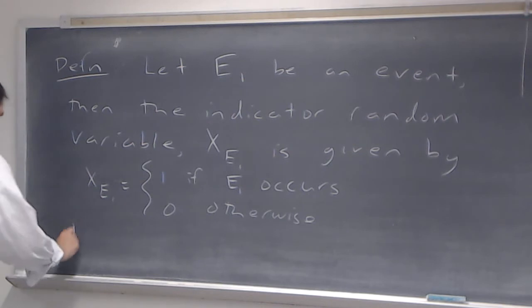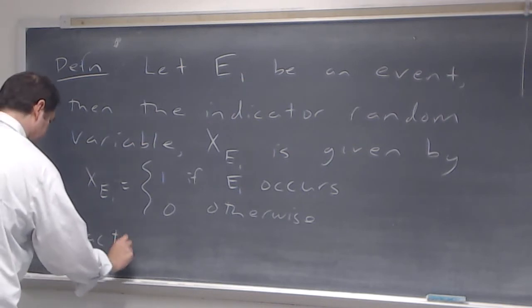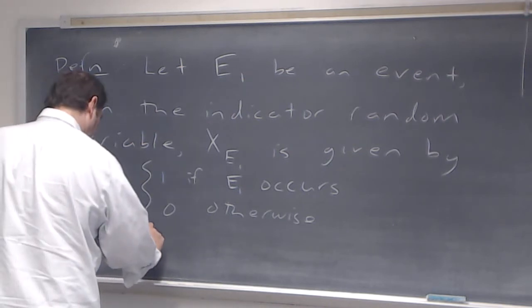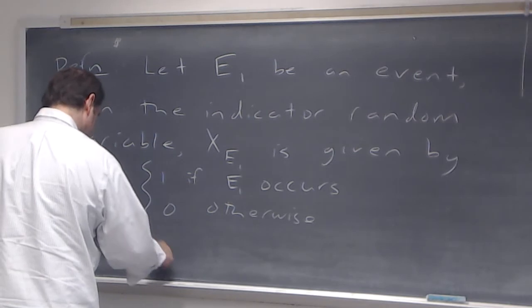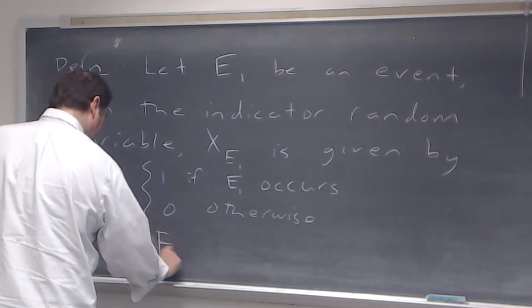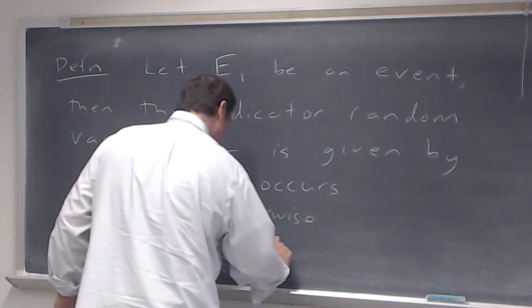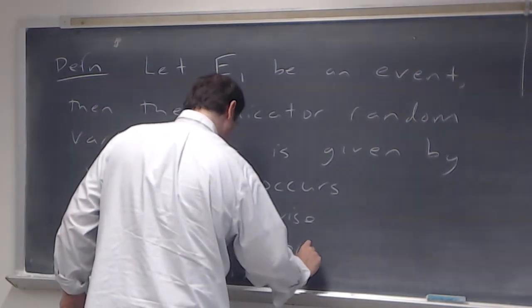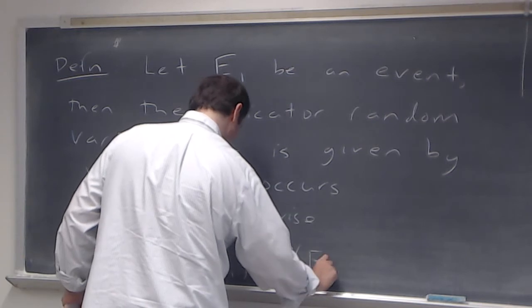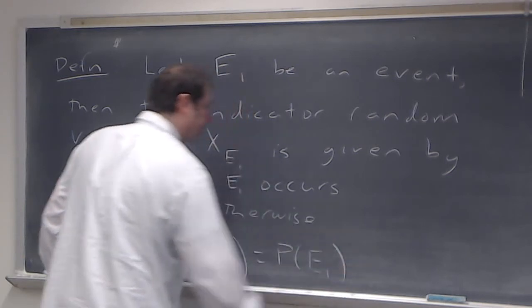As a fact, the expected value of X sub E sub 1 is equal to the probability of E sub 1.